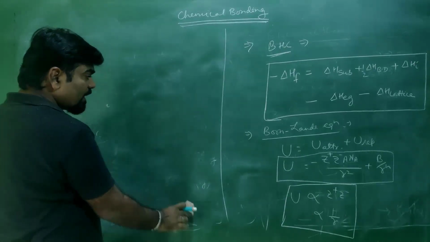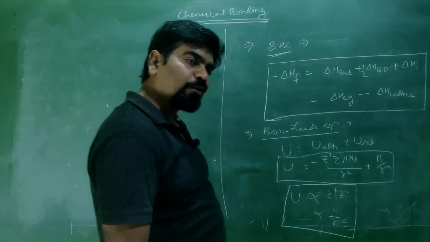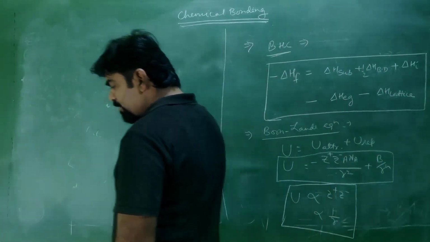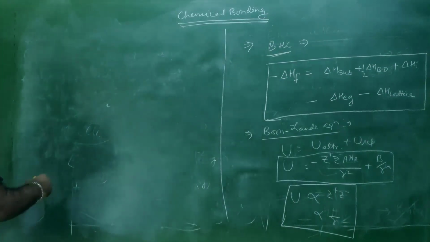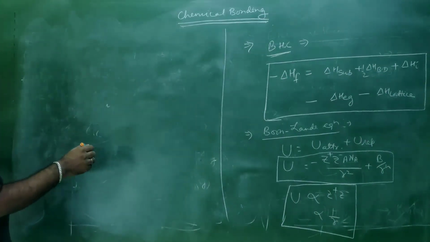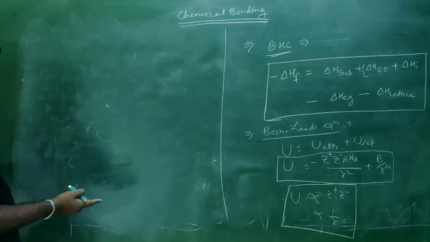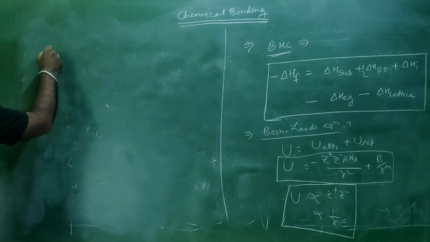We can compare the lattice enthalpy value for any two compounds. Lattice enthalpy plays a very important role in the variations of melting and boiling point and solubility of ionic compounds.